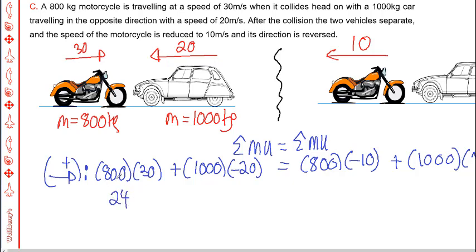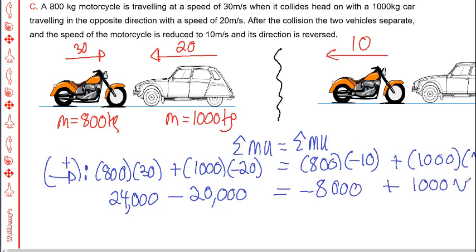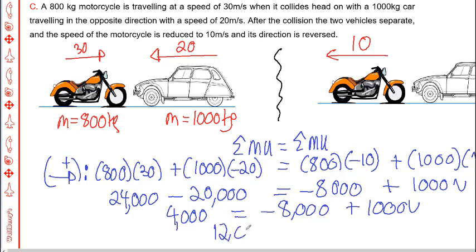8 times 3 is 24, and then you have 3 zeros, so 24,000, minus 2 times 1 is 2, and you have 4 zeros, so 20,000, is equal to, similar here, minus 8,000 plus 1,000 V. So what we're going to do is find the difference here, which is 4,000, equal to minus 8,000 plus 1,000 V. Now if you move this to this side, it becomes 8,000 plus 4,000, which is 12,000, equals 1,000 V. Divide both sides by 1,000.